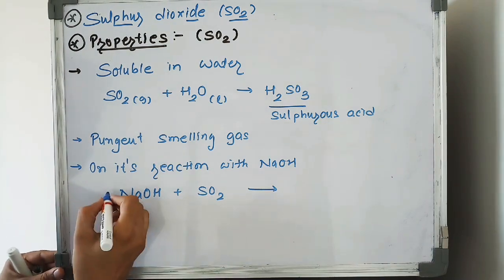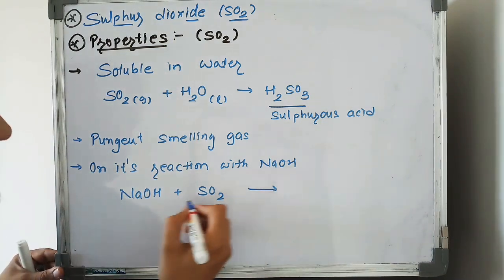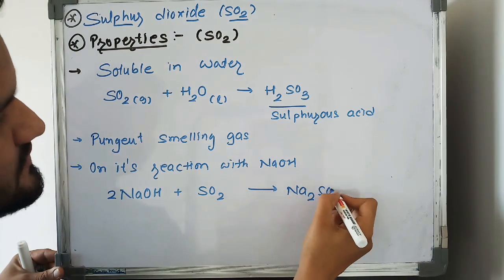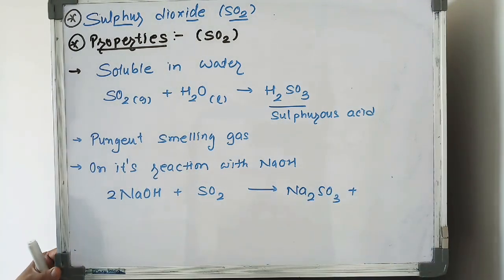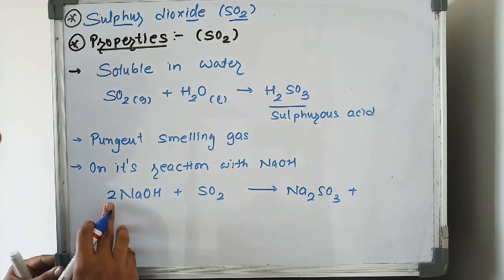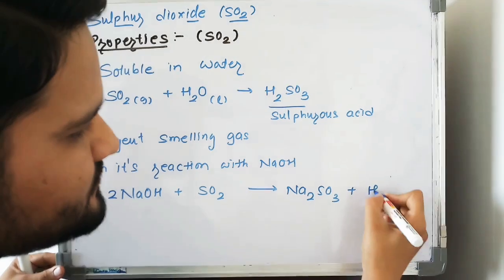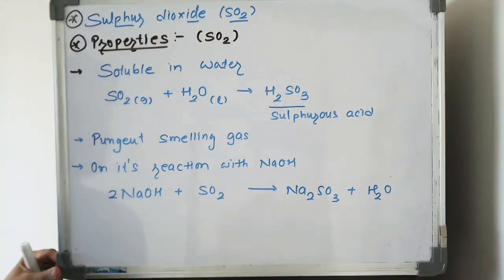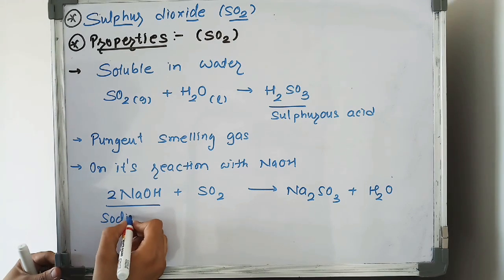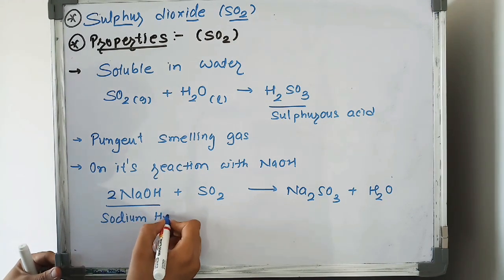NaOH on its reaction with SO2 gives Na2SO3, sodium sulfite, and the remaining byproduct is H2O.